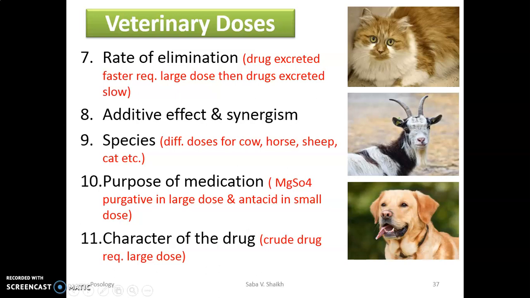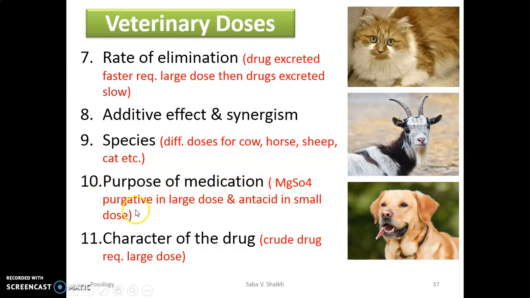If all these animals like cow, horse, sheep and cat are ill and have a fever, the doses for these 4 animals will vary to treat the fever because of the difference in species. Then purpose of medication means what you are giving the medication for.